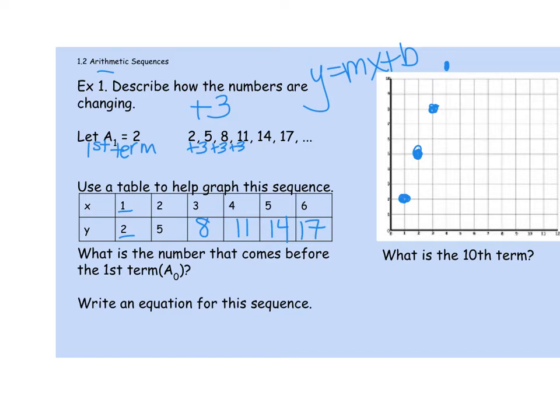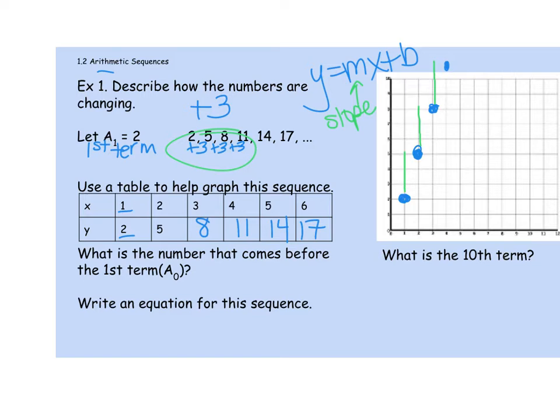This plus 3 that we're doing here, you see that plus 3 right there. Okay, that's that going up by 3, right? If y'all remember what that m stands for, that's your slope. Okay, that's the slope of your line.